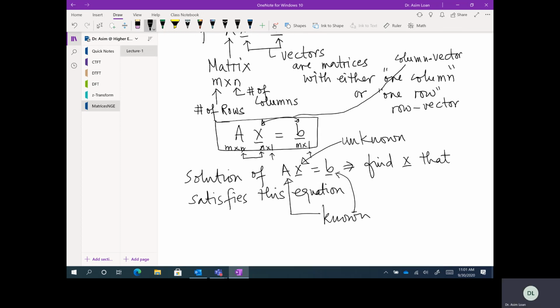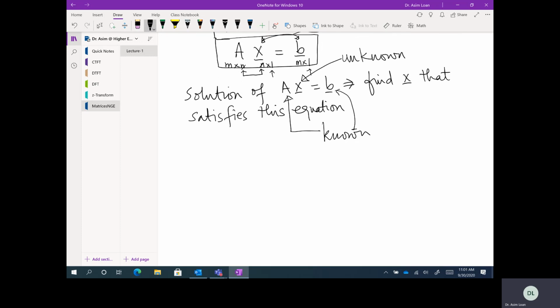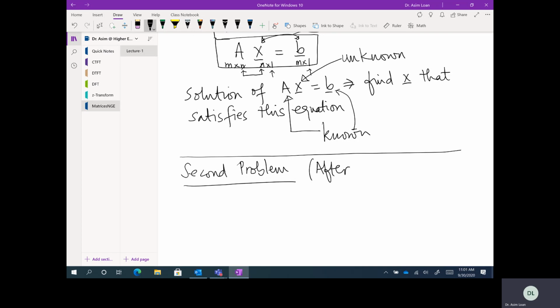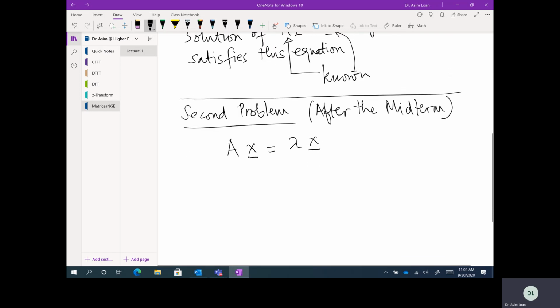The other problem in linear algebra, which we'll do in the later half of the course, or most likely after the midterm, is this one. So the second problem in linear algebra, these are only two problems, is AX equals lambda X. You need to solve AX equals lambda X. Lambda is a scalar.